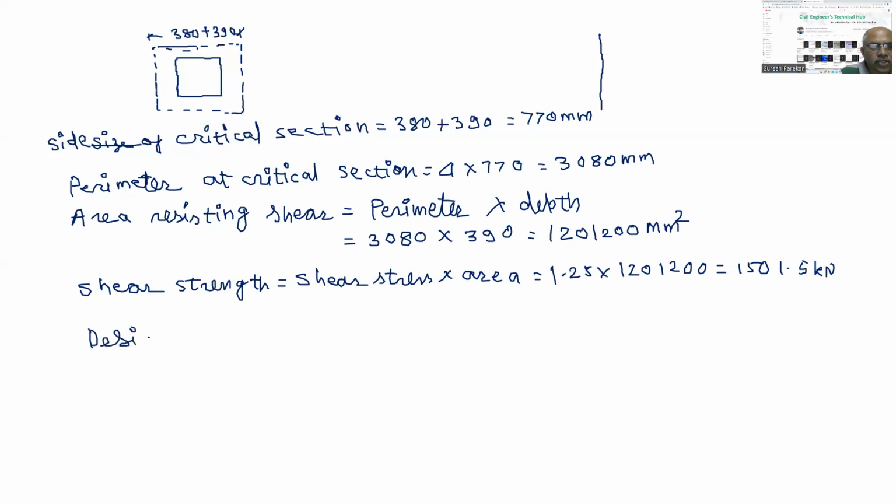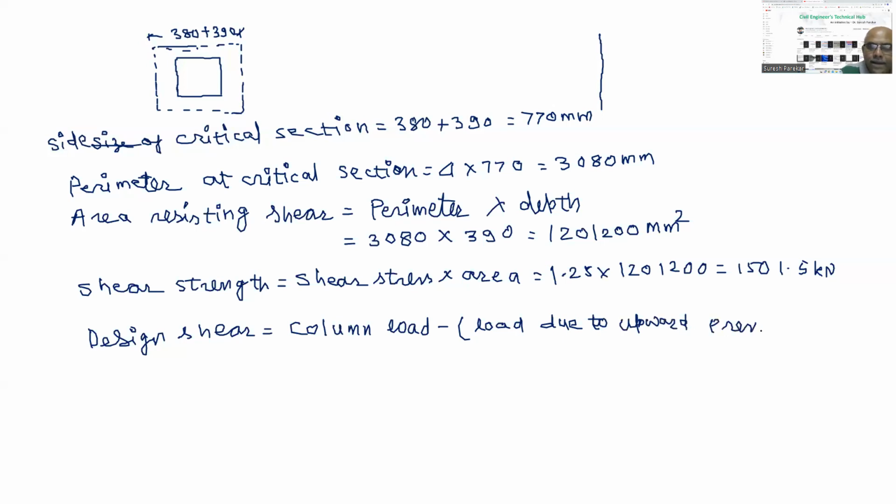So design shear, and this is equal to column load minus load due to upward pressure in critical section, in critical area.